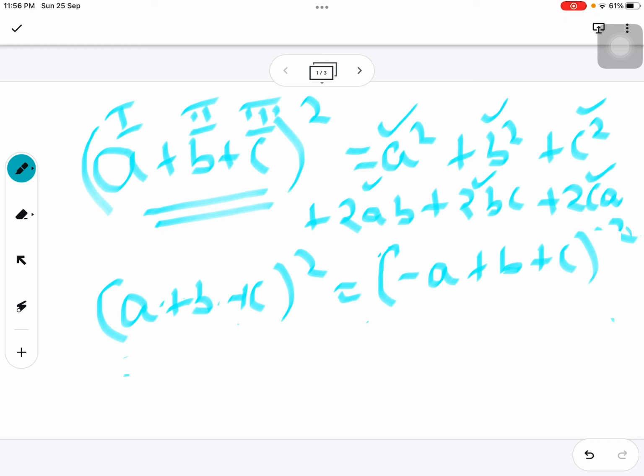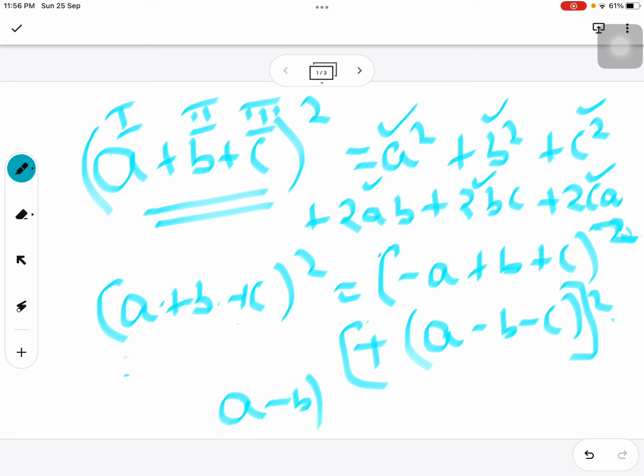Instead of taking a, you can take minus a, that's one method, whole square, or what you can do, you can take minus sign common, then it becomes (a minus b minus c) whole square. Okay, this is also one variation. Square of minus will be positive, so that you can ignore. Okay, so remember this, (a minus b) whole square is same as (b minus a) whole square. This is another important point.